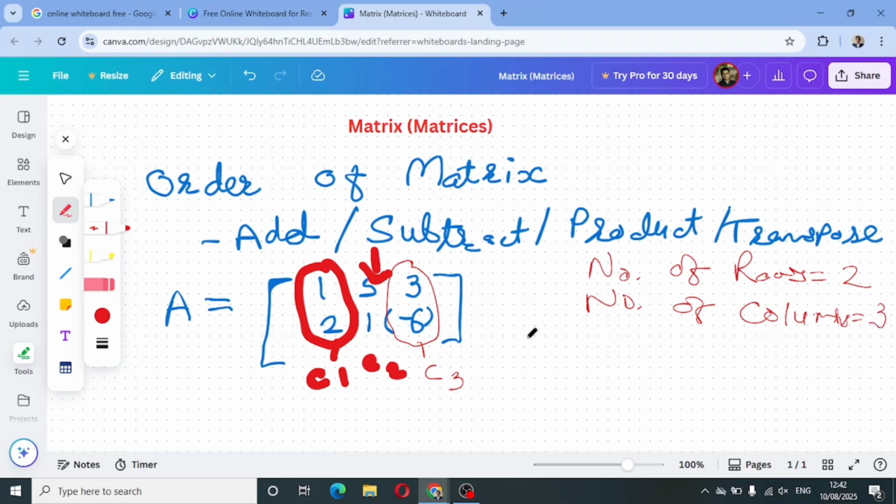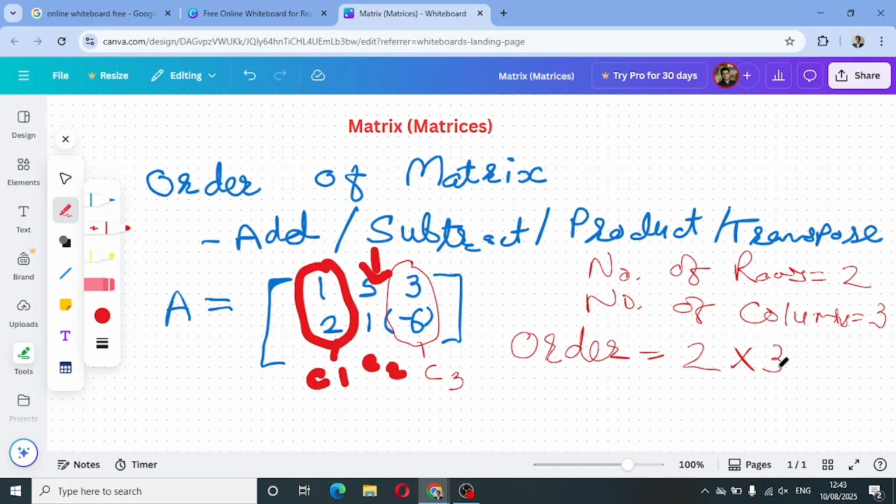So the order of this matrix, the order of this example, is: first we write the number of rows by the number of columns. Some students make a mistake there and calculate 2 into 3 and the answer is 6. So they write the order of this matrix is 6, which is completely wrong.